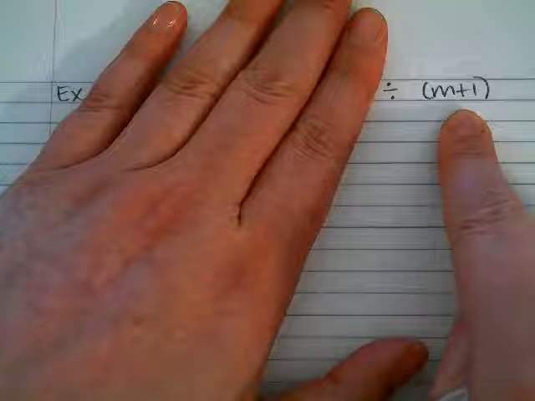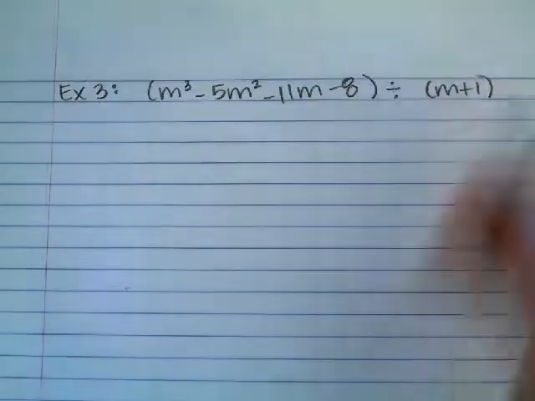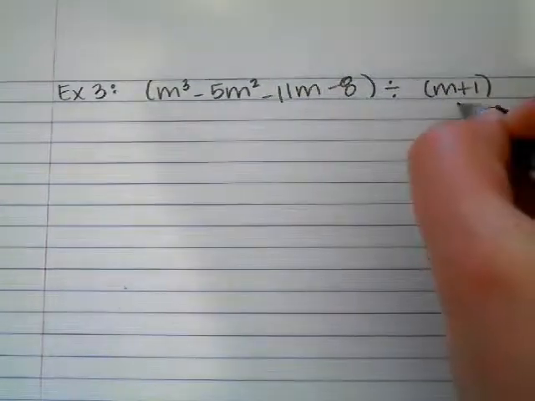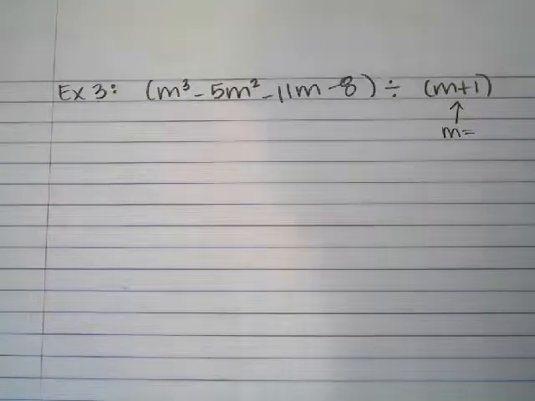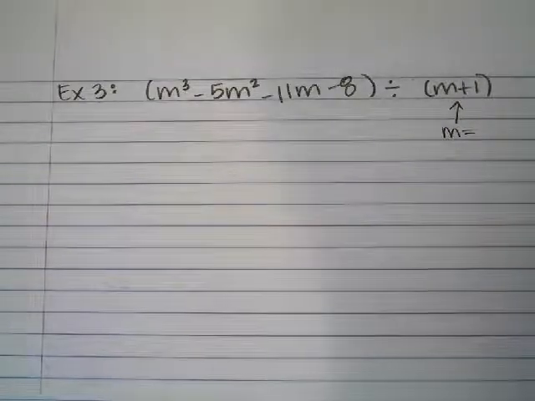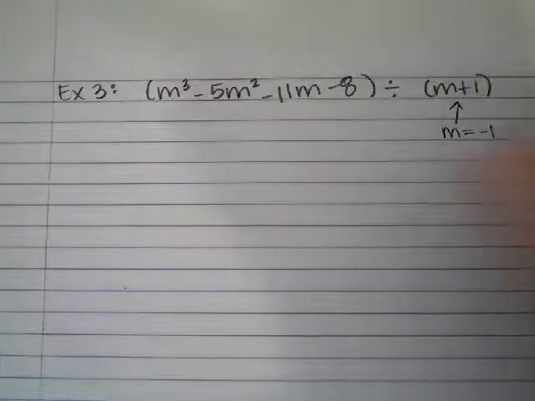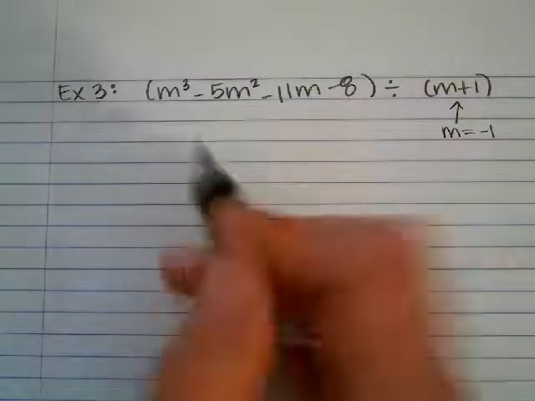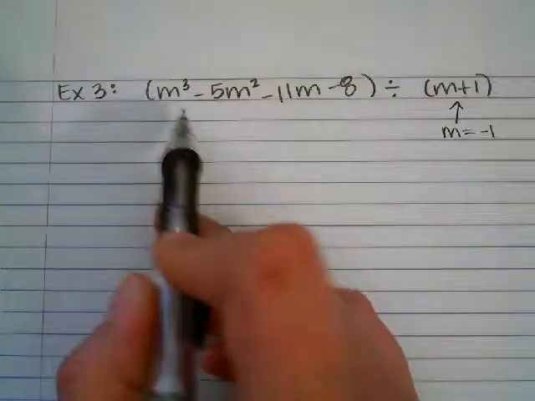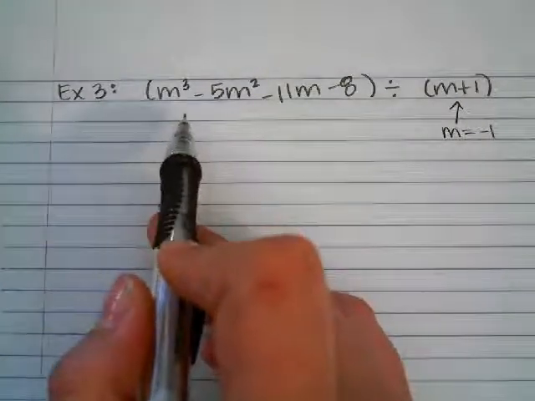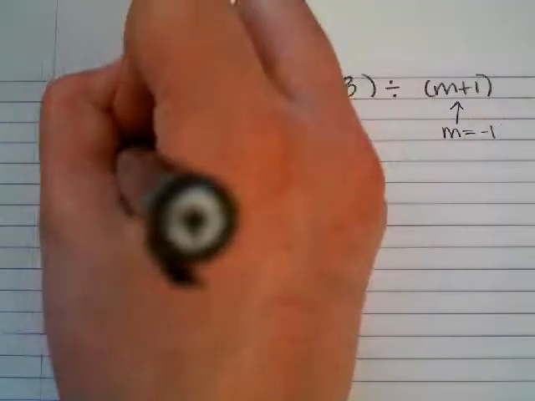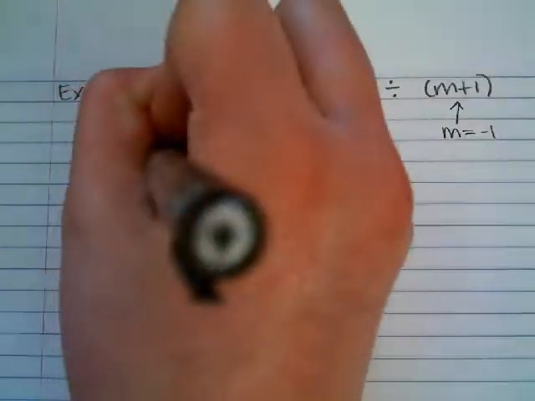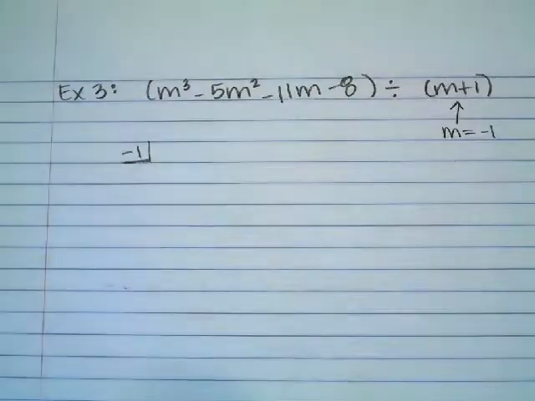All right, so when we look at this one, we're going to say m equals -1, perfect. Okay. And when I look at this, are they in decreasing order? Is it missing anything? Okay, so we're good. So I'm going to put -1 in the little box. Okay. And then what should I be writing?